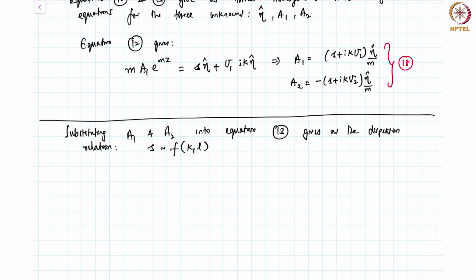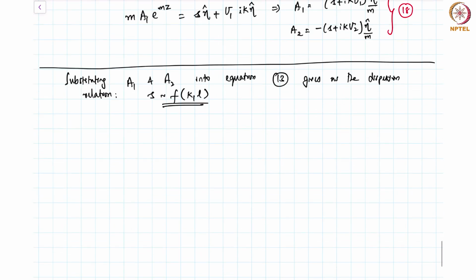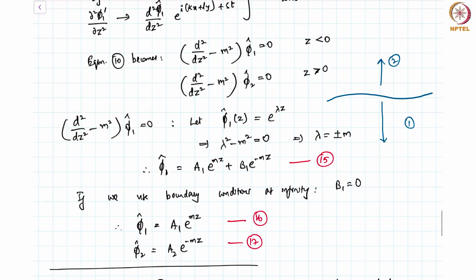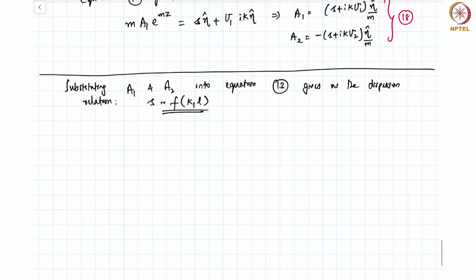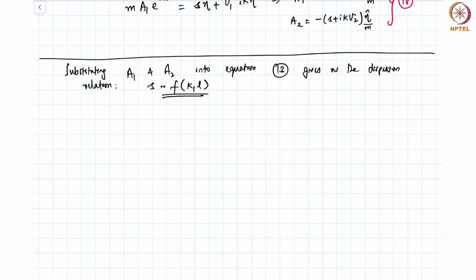That's what we're looking for. Let's basically calculate the expression for the normal stress boundary condition. We have to calculate a few quantities, that is, del phi 2 by del x, del phi 2 by del t, and so on for phi 1 as well. Let's calculate some of these quantities separately.